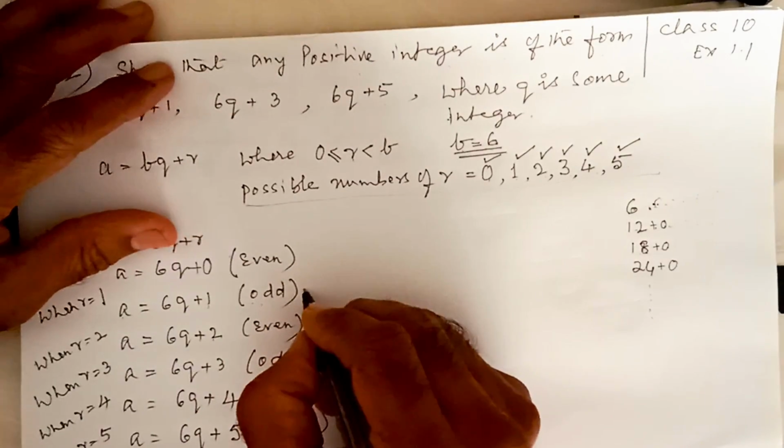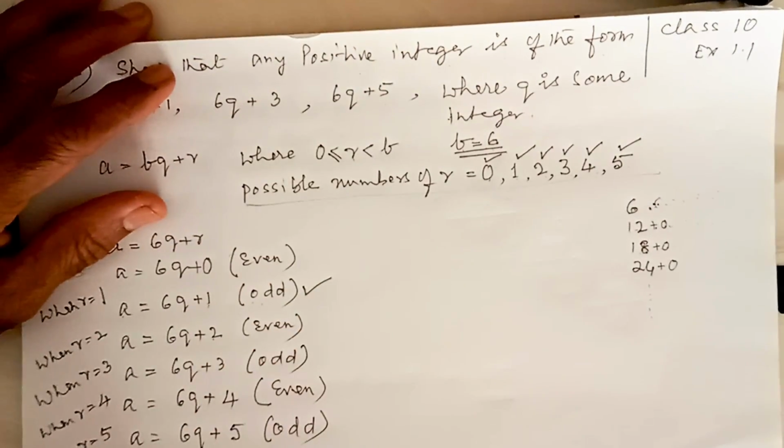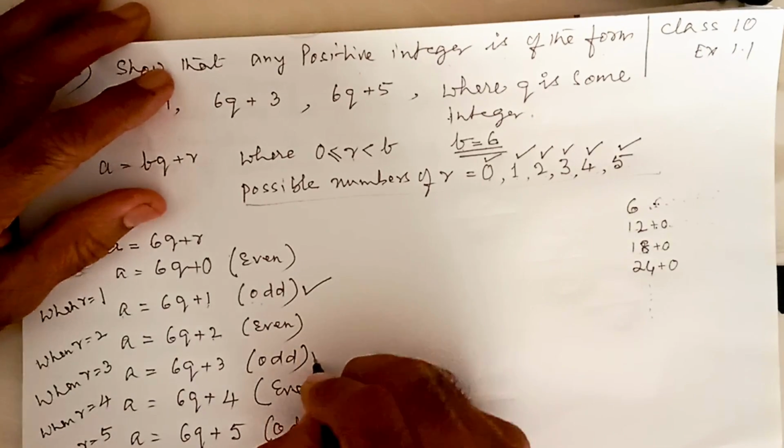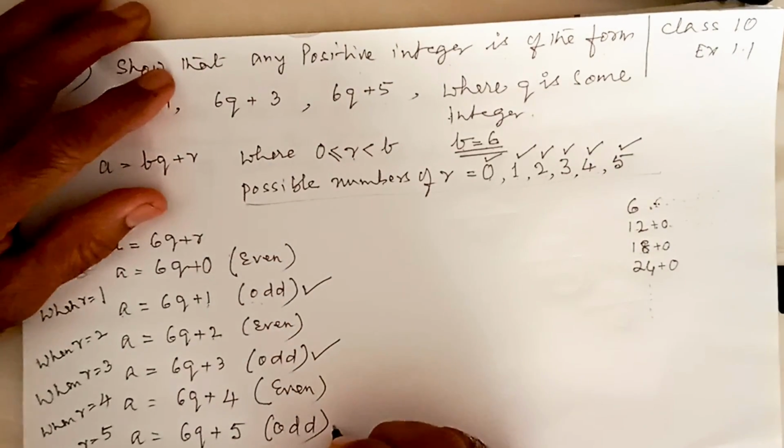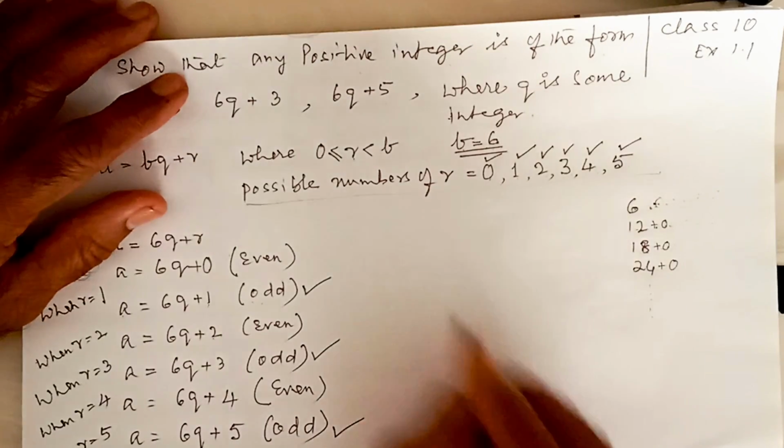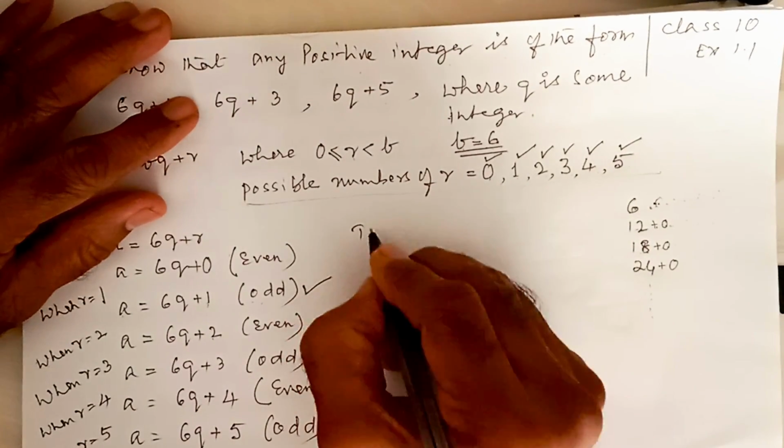You can find out this is one case where you get odd number. This is the second case where you get odd number. The third case where you get odd numbers. So you can find out what you find here.